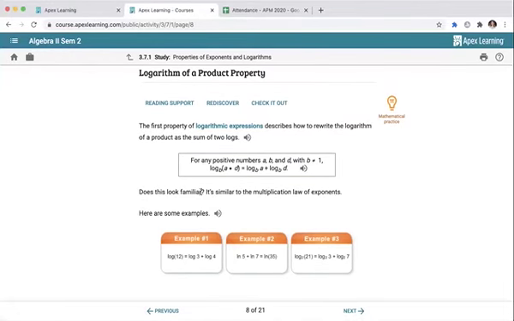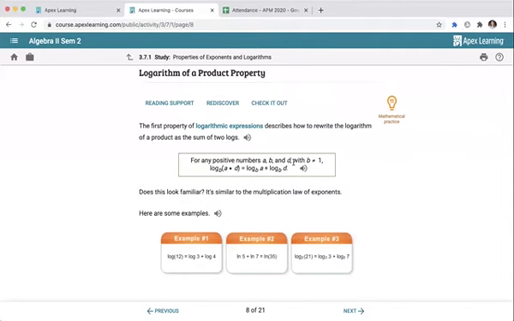The first property is our product property, meaning log base b of two numbers multiplied together, I can separate into addition. Here I have a times d, so I can write this as log base b of a plus log base b of d. You can find parallels between these properties and the exponential properties: if they're multiplied together, it's like adding.